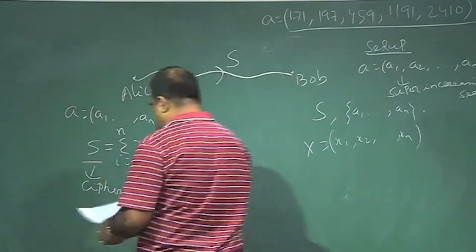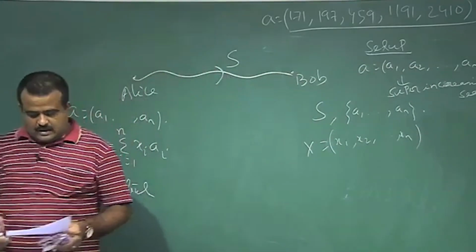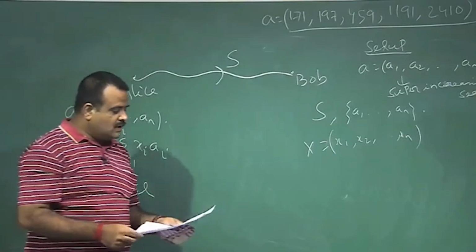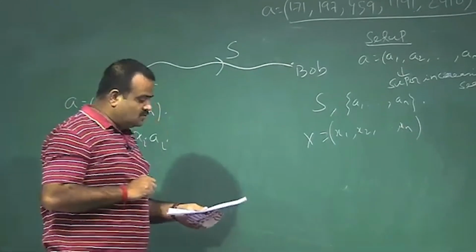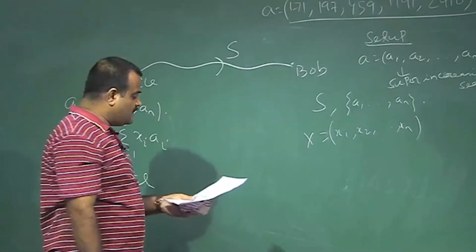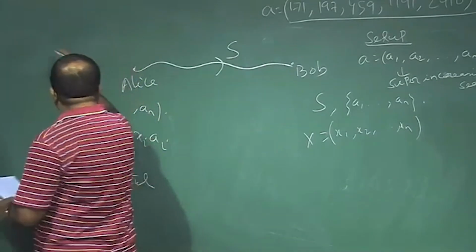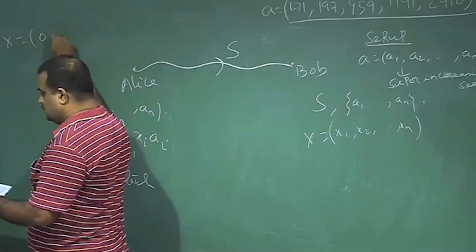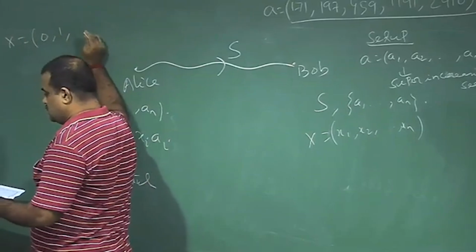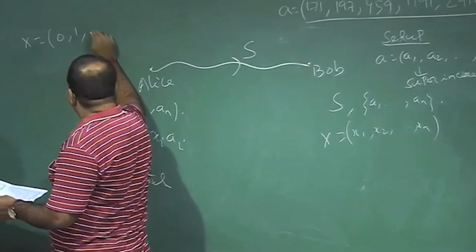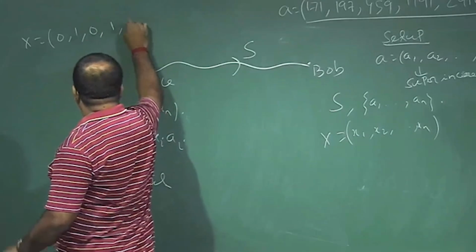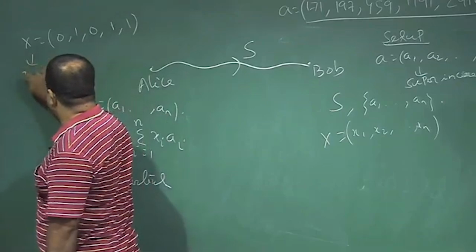Now suppose Alice is choosing a secret. Alice is choosing this vector x, say 0 1 0 1 1. So this is the plain text.